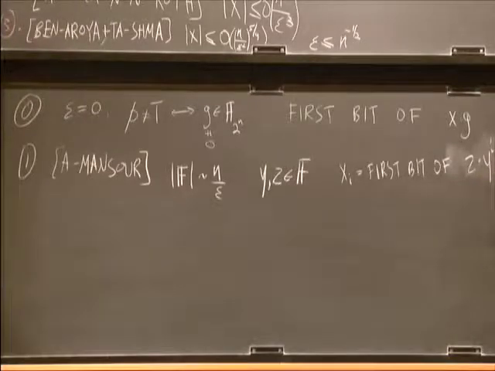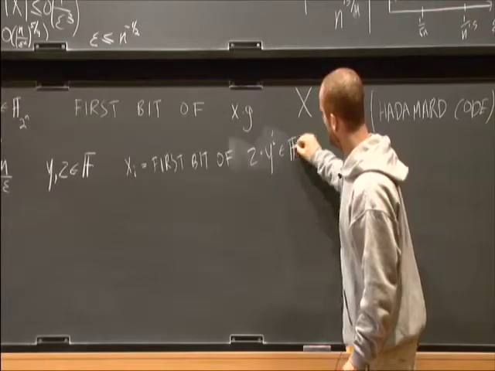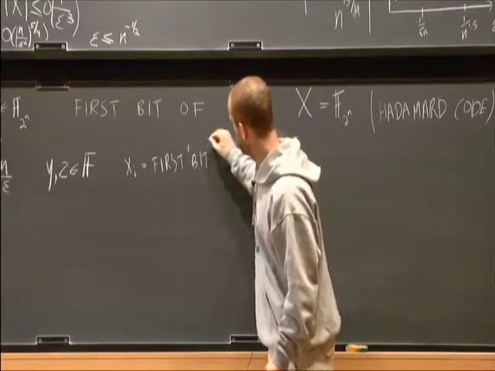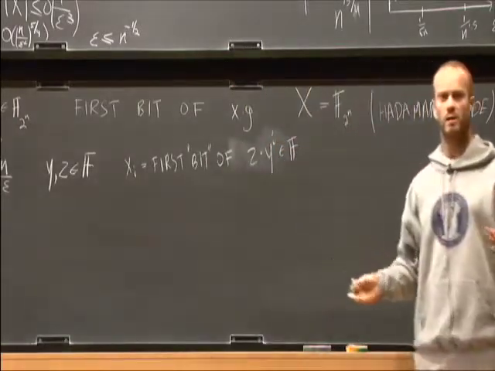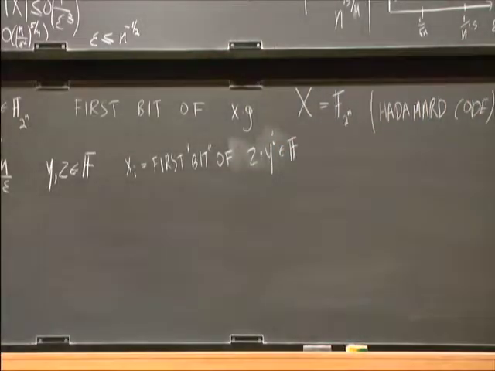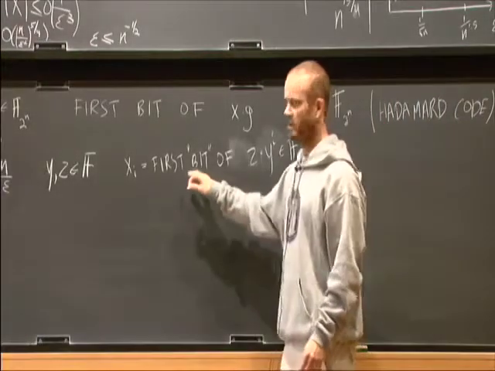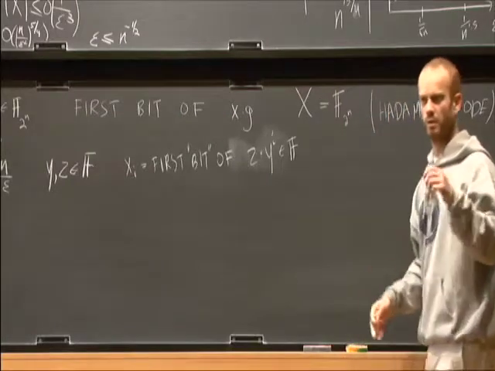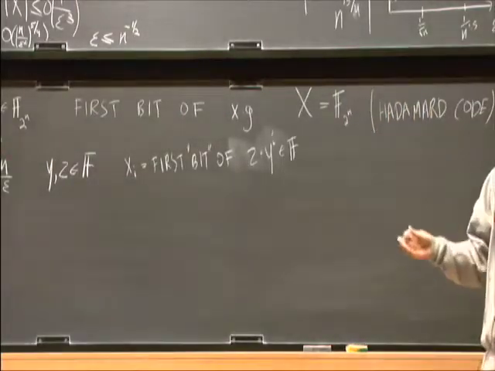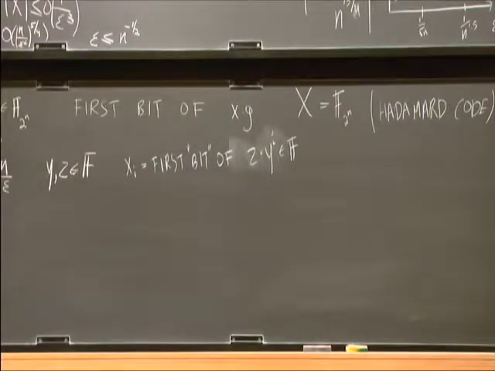And this is in the field F. If F is of characteristic 2, we can really take the first bit. Otherwise, we can take some character of the field. You write trace instead of first bit.